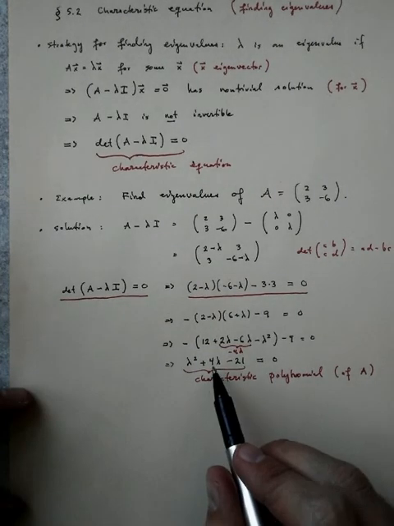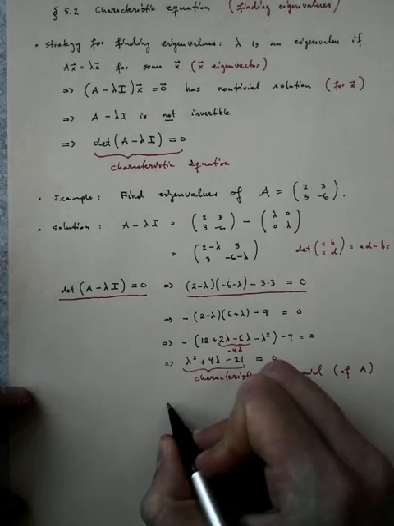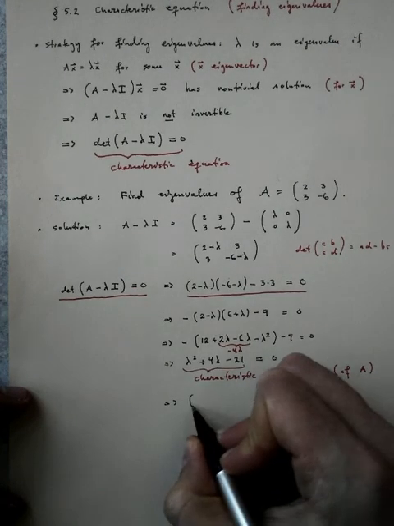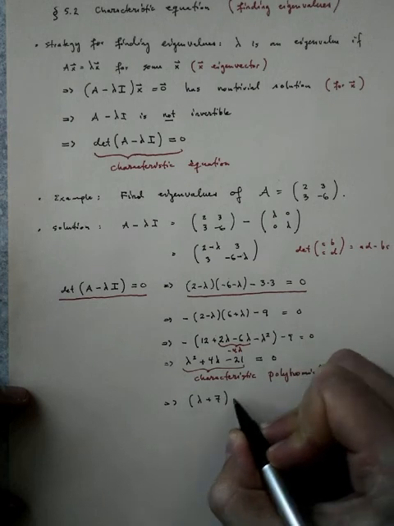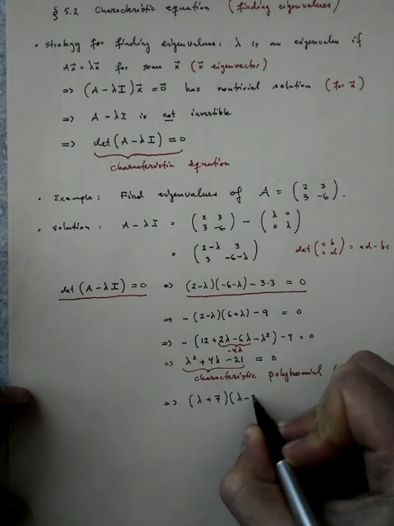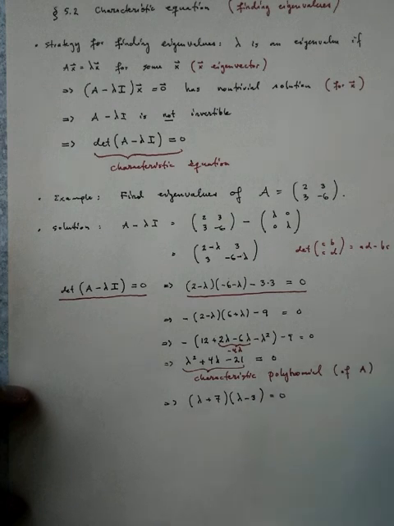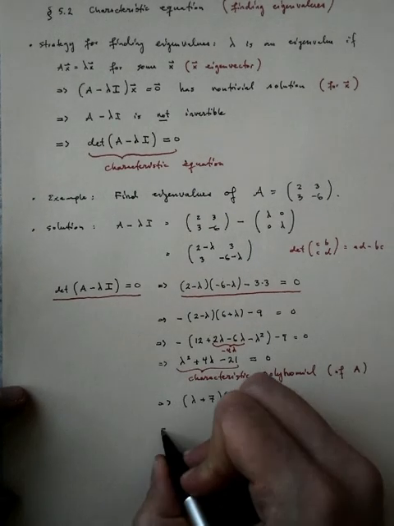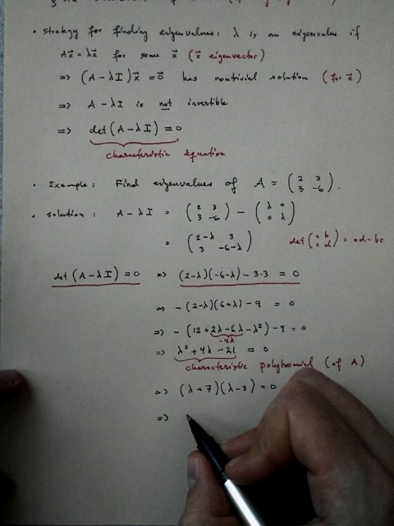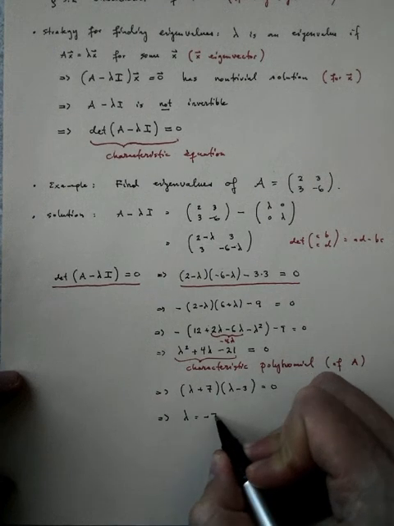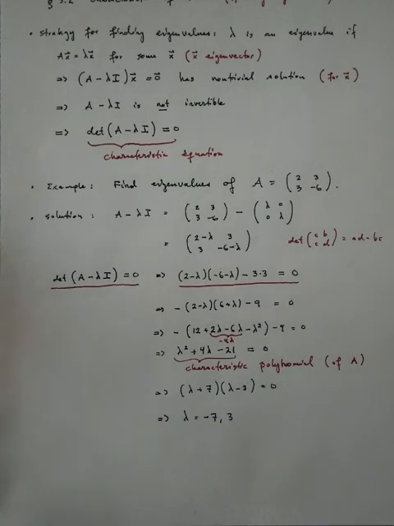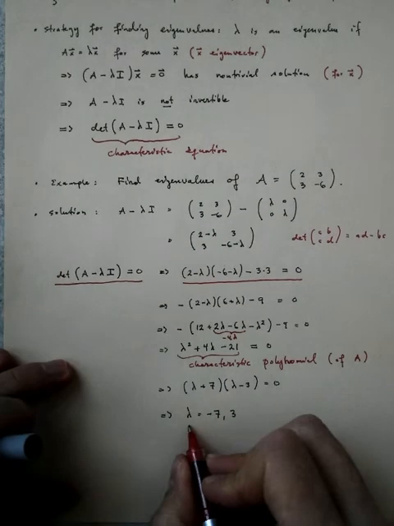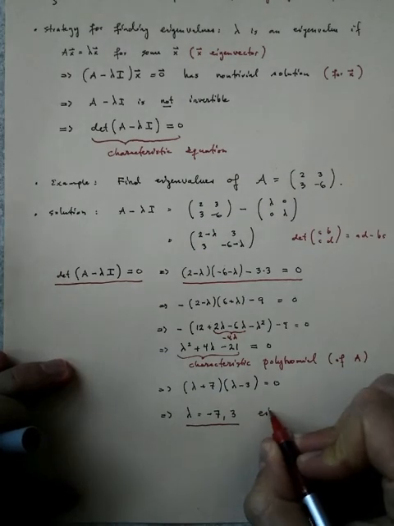If you look at this carefully, this factors into lambda plus 7, lambda minus 3. So this tells you that lambda equals negative 7 and positive 3. Okay, these are my eigenvalues.